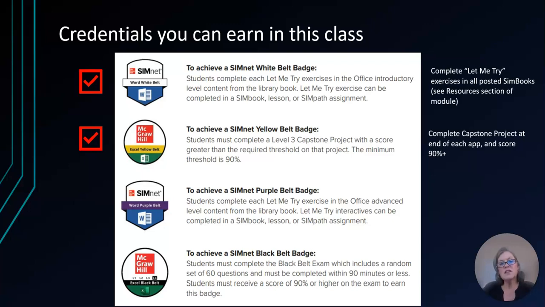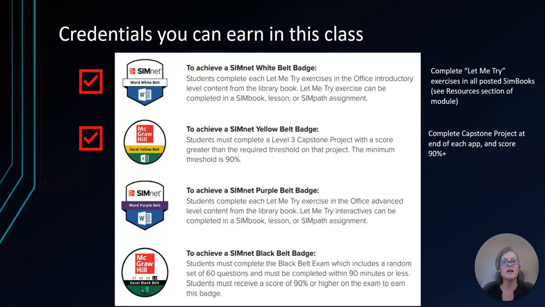So along those lines of thinking of what technologies you'll be learning here, you will also have the chance to earn credentials, and along with those, you will earn badges. Through SimNet, the learning platform, you can earn digital badges, and those prove that you have demonstrated proficiency in the various apps that you're learning.